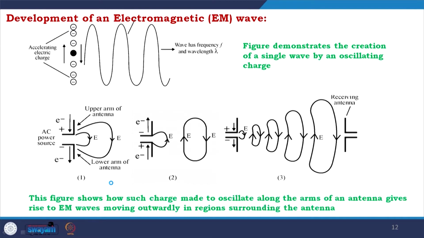So, how does charge made to oscillate along the arms of an antenna give rise to electromagnetic waves moving outwardly in regions surrounding the antenna? You create a single wave, and then from the single wave you make the electromagnetic wave.